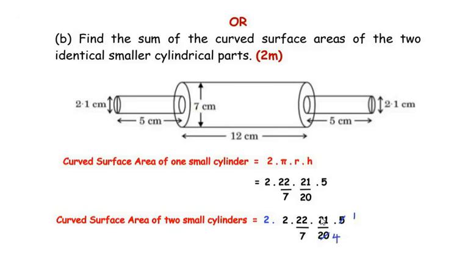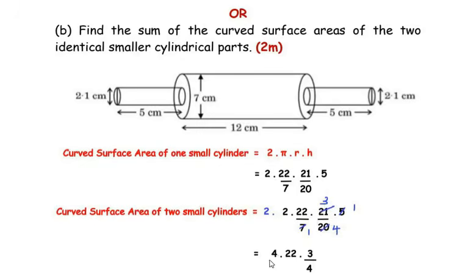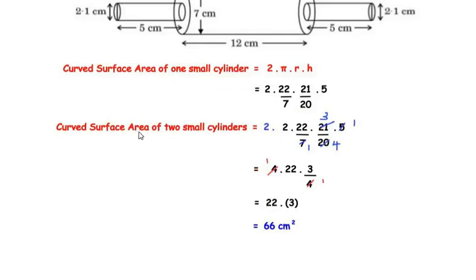Now 7 in the denominator divides 21 in the numerator, that is 7 1 times is 7 and 7 3 times is 21. So simplifying this we get 2 times 2 is 4 times 22 times 3 over 4. Now 4 from the numerator divides 4 in the denominator, that is 4 1 times is 4 and 4 1 times is 4. So we are left with 22 times 3, giving us the sum of curved surface areas of two small cylinders as 66 square centimeters. So this is going to be our answer.